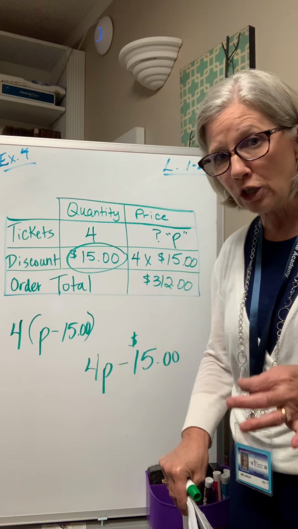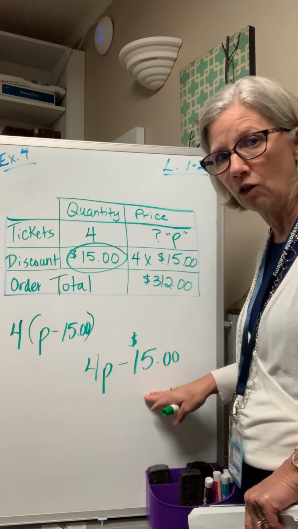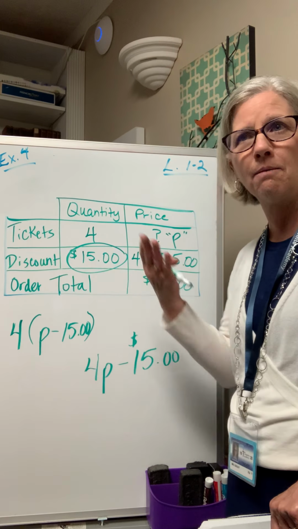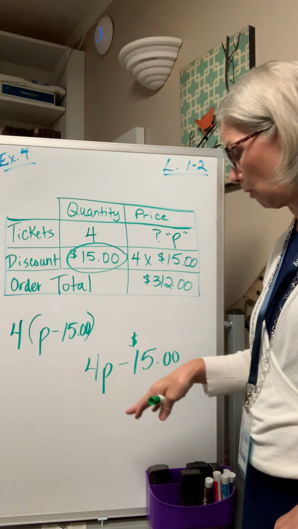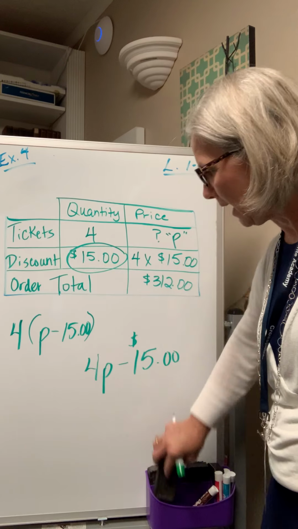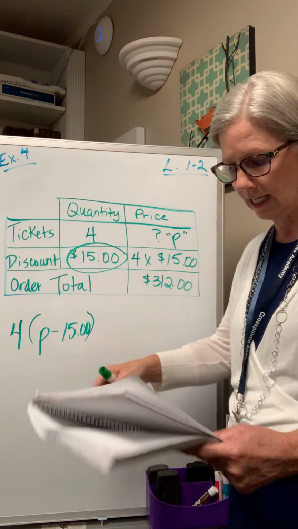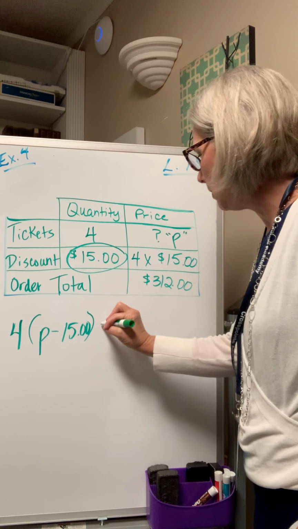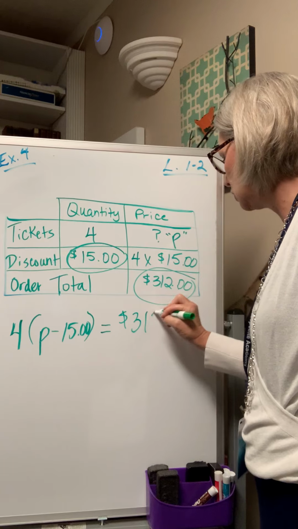But that's not true, right? Each person, all 4 people are getting $15 each. So really, if you think about it, they're going to be getting $60 taken off of their price. So that's why we have to represent the discount inside these parentheses like this. And how much is that supposed to equal? Our total price, which is $312.